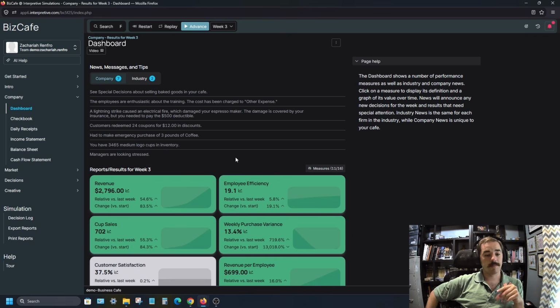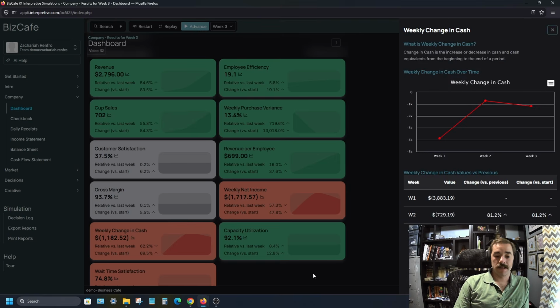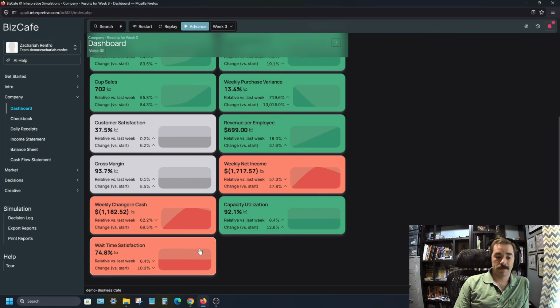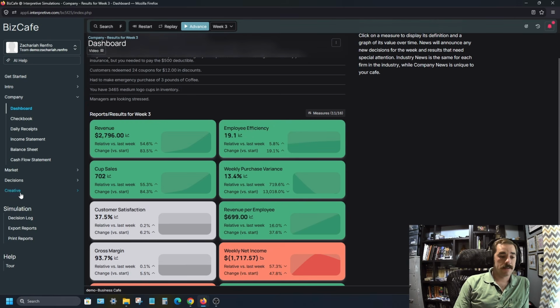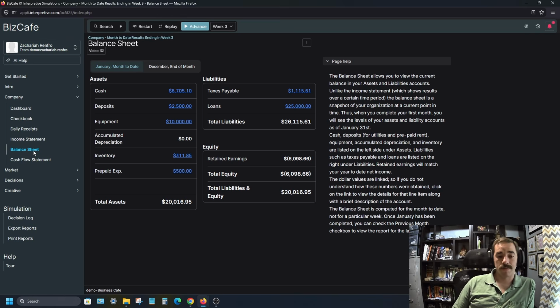Had to purchase 3 pounds of coffee, and we've got 3465 cups in inventory. So we're still down, still down. Let's see what our balance sheet looks like. How much cash do we have? We are running out of cash fast.